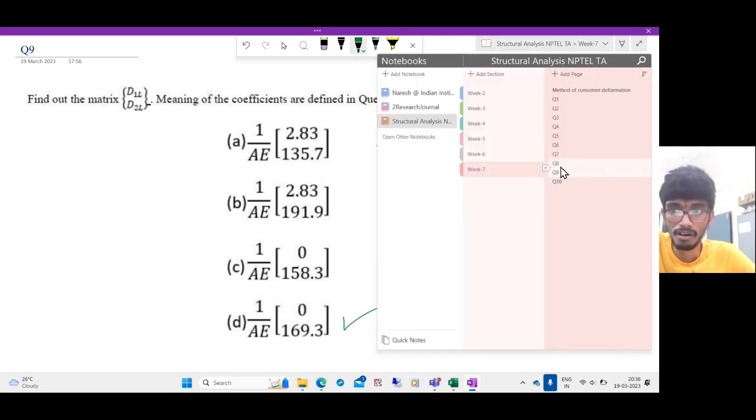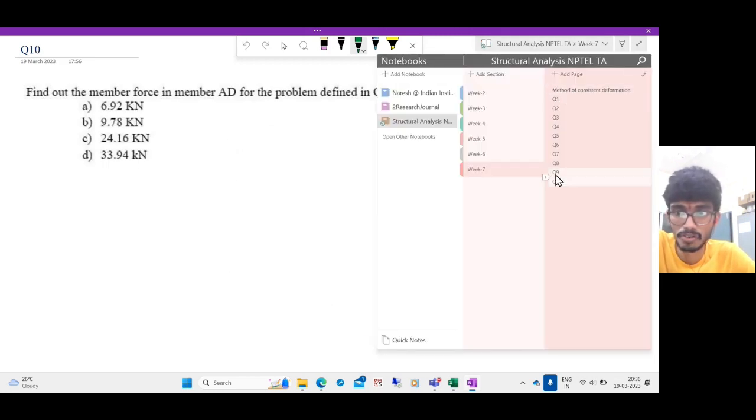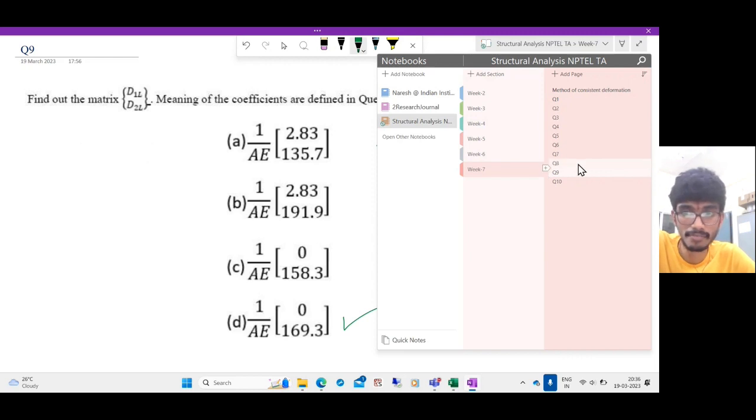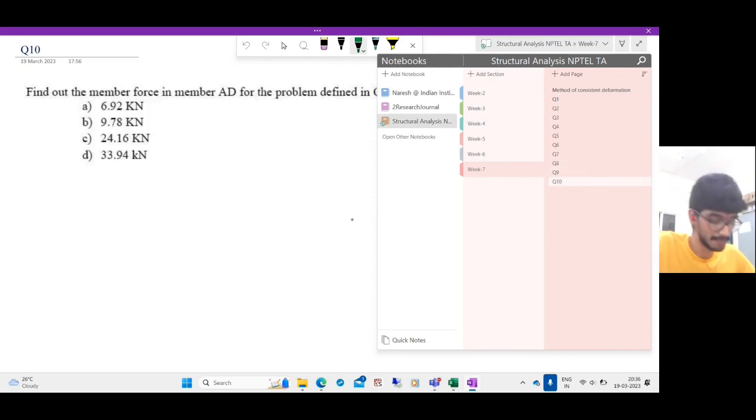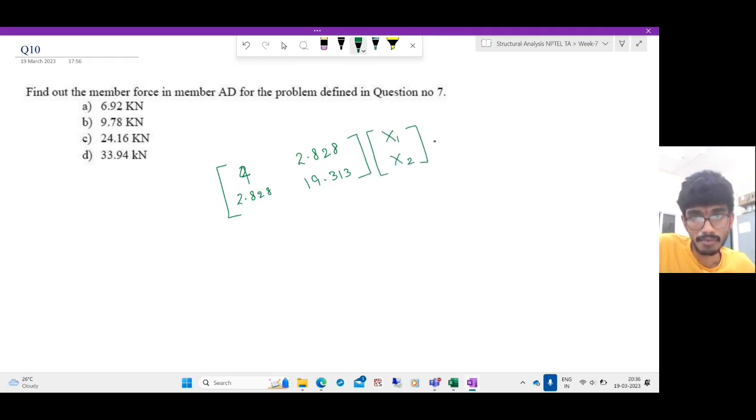Now, finally, what we need to solve is this system. What is the system that we need to solve? It is 4, 2.828, 2.828, 19.313 acting on x1, x2, equal to 0, 169.